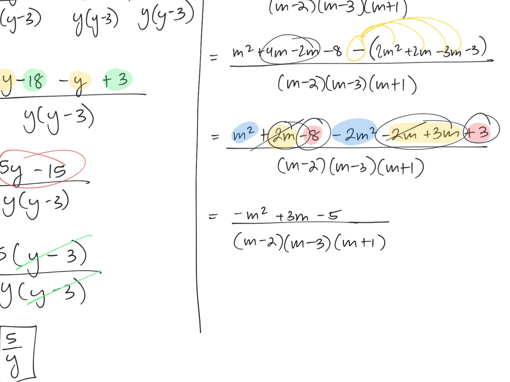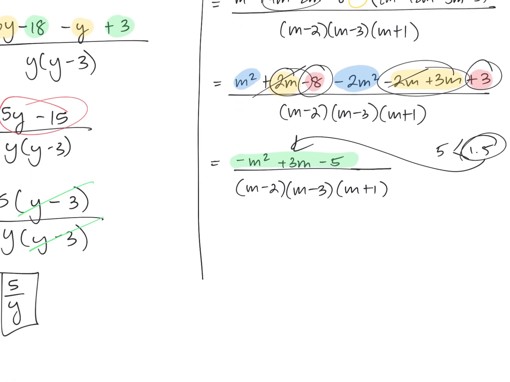Okay, so as always, before we're done, we need to make sure we can factor everything and cancel if we can. So let's see, can we factor this trinomial in the top? Factors of 5 would be 1 and 5. Can I add or subtract those to get 3? I can't. So actually, the numerator is prime.